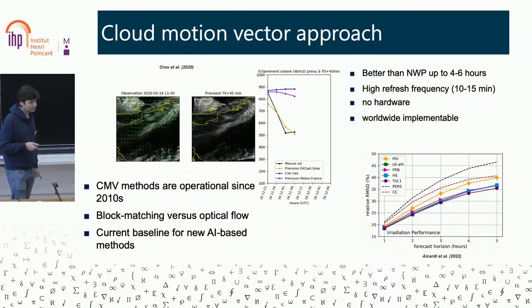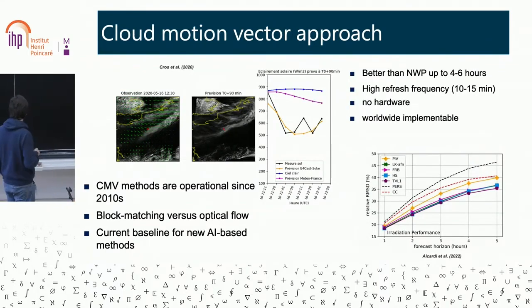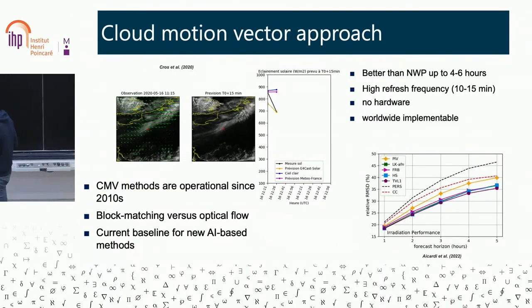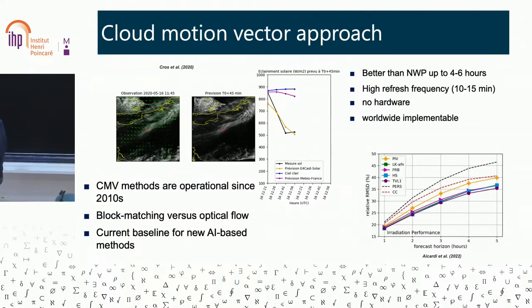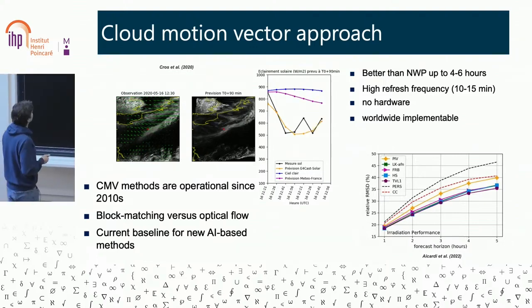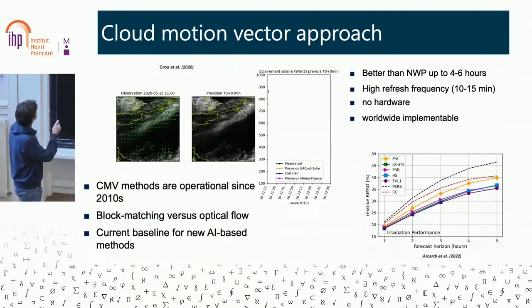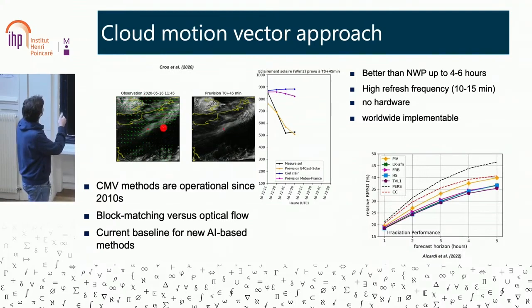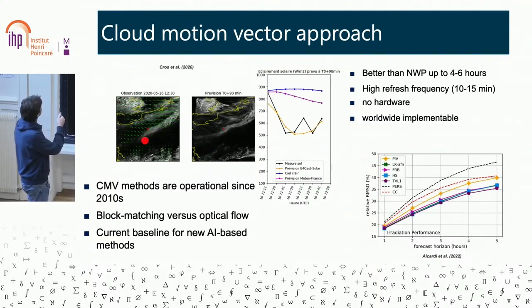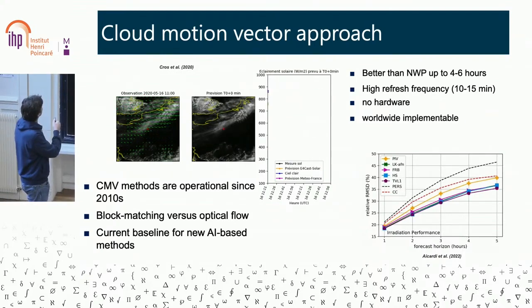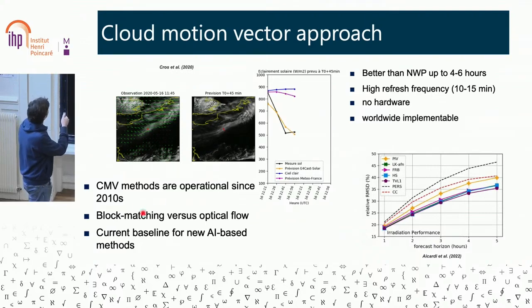Once you have this cloud index, you can play with it. I mean, you can apply optical flow analysis on images, and you can guess what the next images will be. So here, we compute with 2 images, with optical flow, the cloud motion vectors.